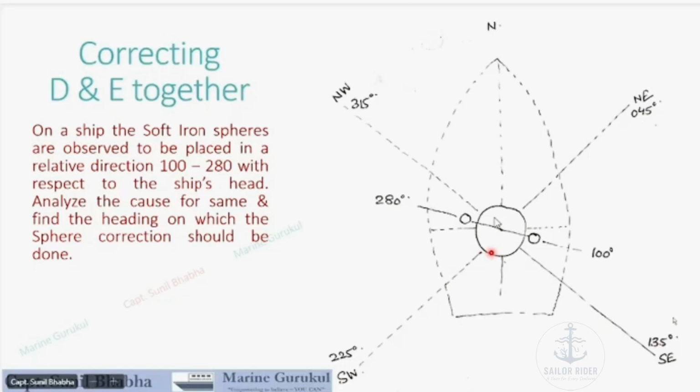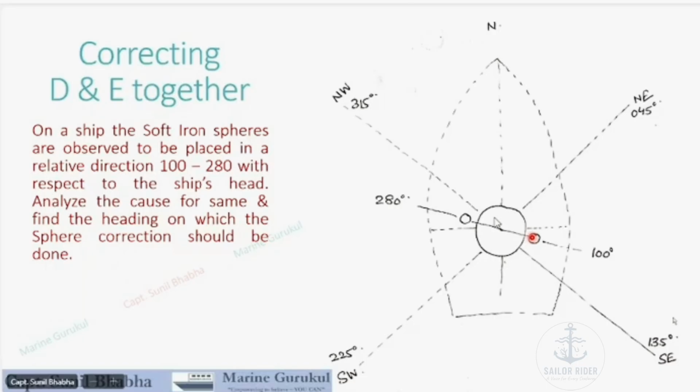Another thing which we observe is, looking from top, the spheres are slewed in a clockwise direction. If you see, they are slewed by an angle of 10 degrees in a clockwise direction. Looking from top, the spheres are turned in a clockwise direction. So this gives us the second inference here, that coefficient delta and coefficient eco are of the same sign.